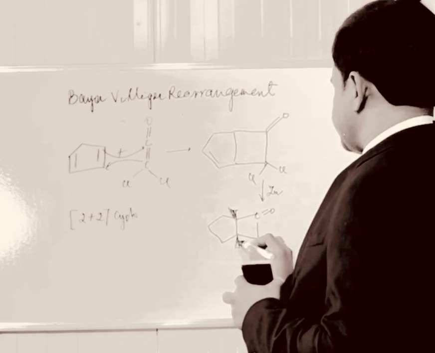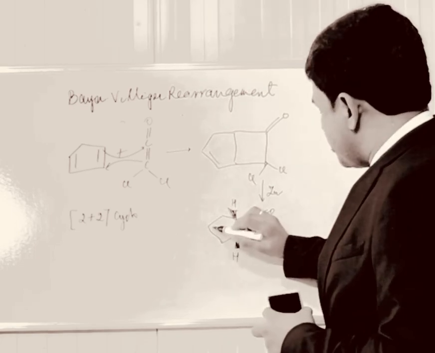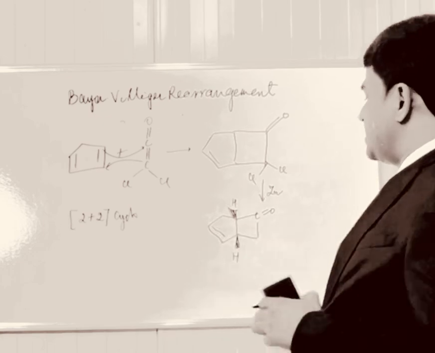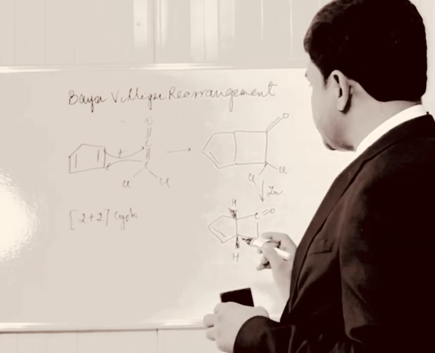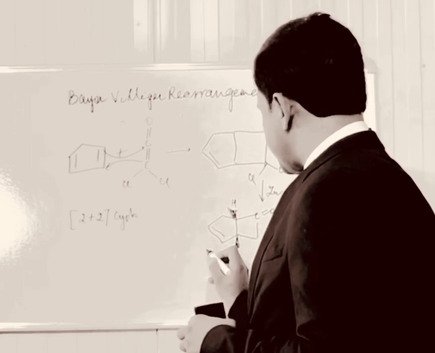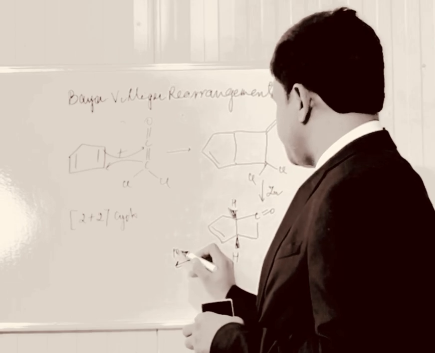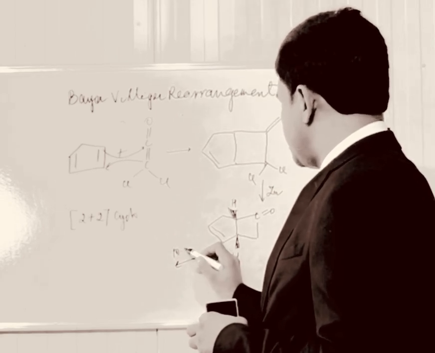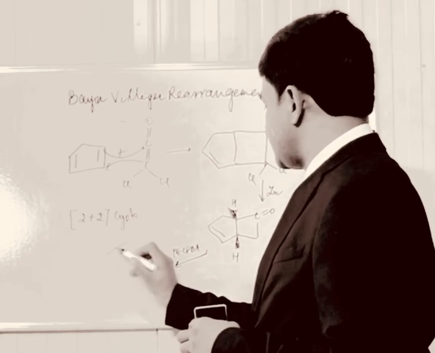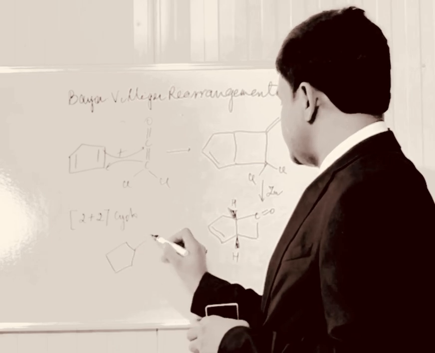Here 2 hydrogens outside the plane are also present, and the double bond is here. And when it is treated with meta-chloroperbenzoic acid, then we find a compound like that.